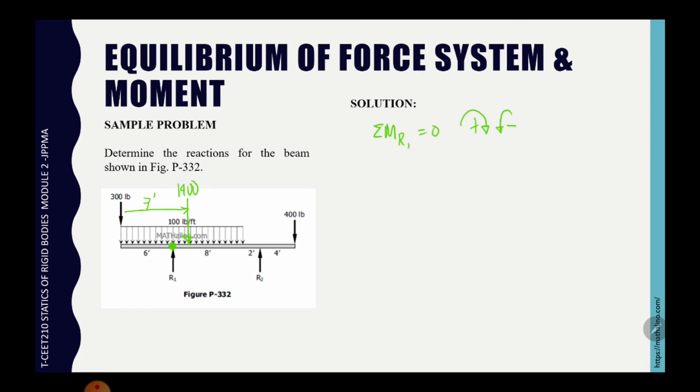So, ang 300 pounds times 6 feet. Kaya, ang magiging direction niya is negative pa din. And ito naman si 1,400, positive 1,400. Pero ang magiging distance niya ay 7 feet minus 6.